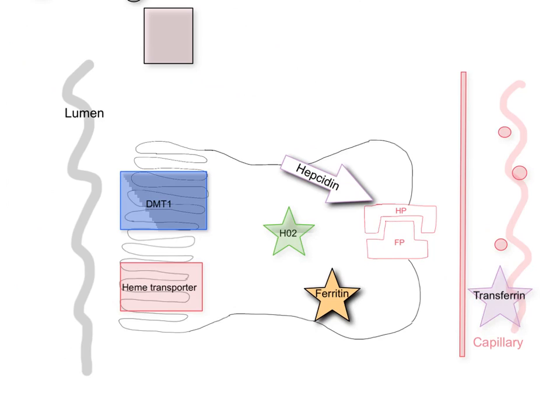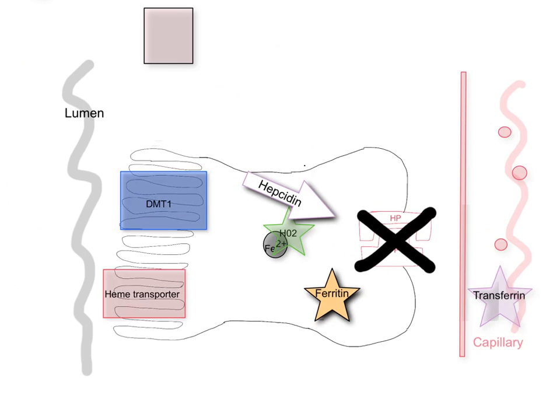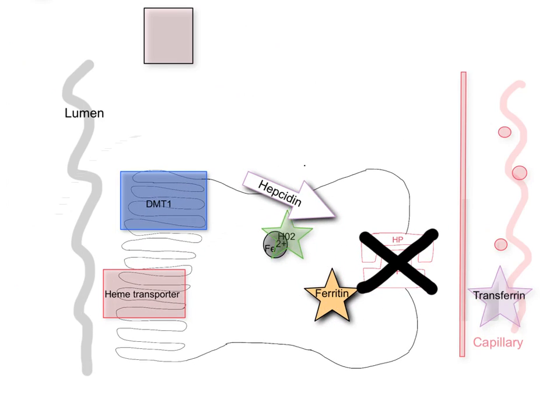By decreasing the amount of hephaestin and ferroportin, that will increase the amount of iron that ends up being stored inside of the cells. So if there's more iron being stored inside of the cells instead of being transported out, because there's no way for it to get out into the bloodstream, when the whole enterocyte is sloughed off in the stool, all of the iron that's inside of it will go along with it.